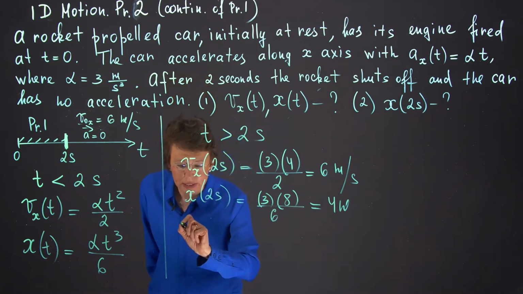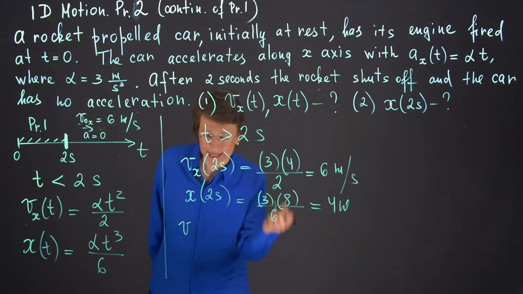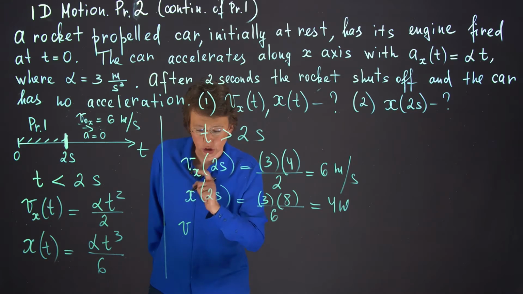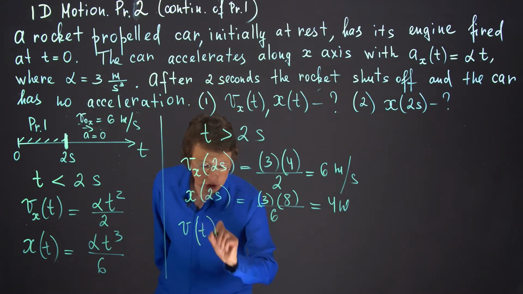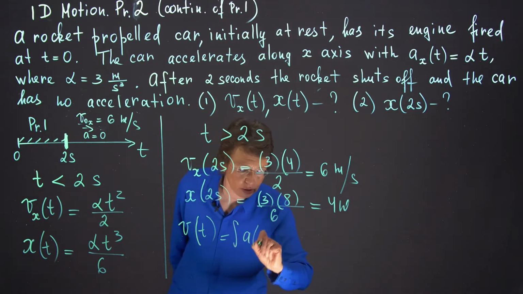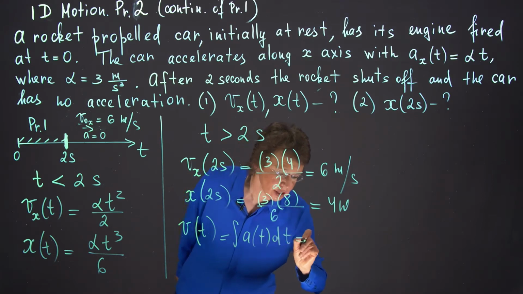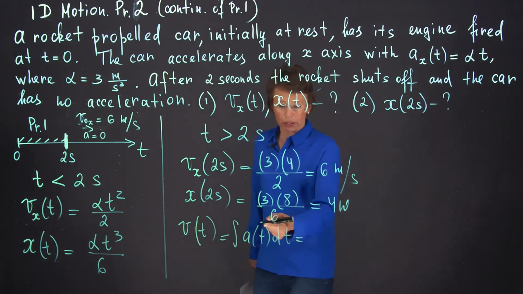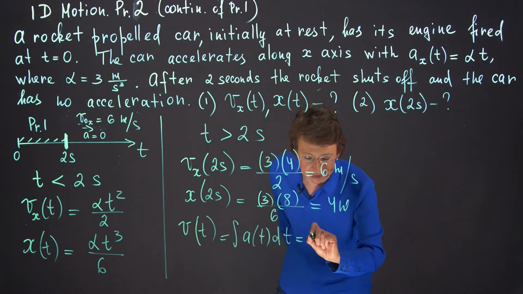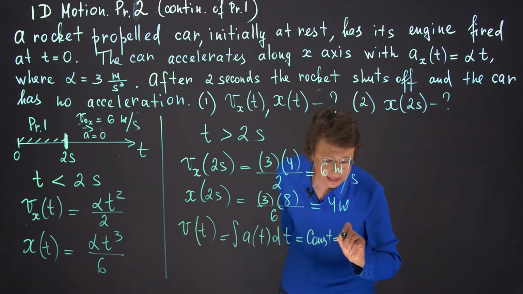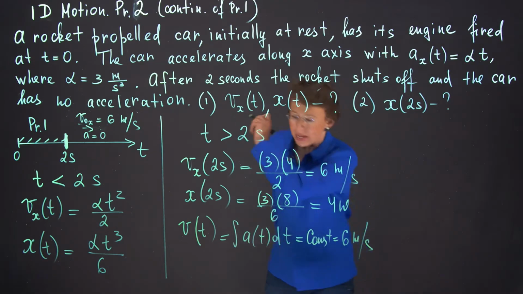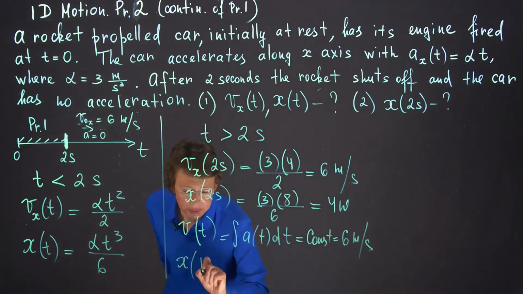So let's find the velocity. What is the velocity at any time moment at time greater than 2 seconds? We know what to do. We take the integral of a of t dt. Acceleration is 0, so it is 0 plus constant, and we know this constant. It is 6 meters per second. Now we work with the position.